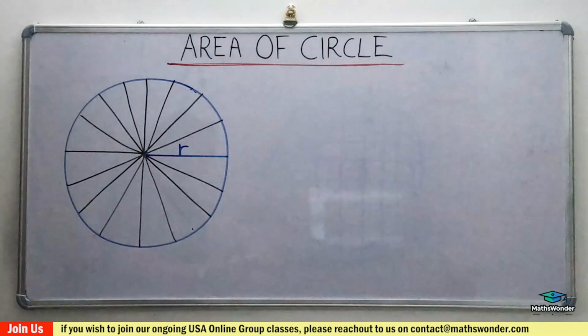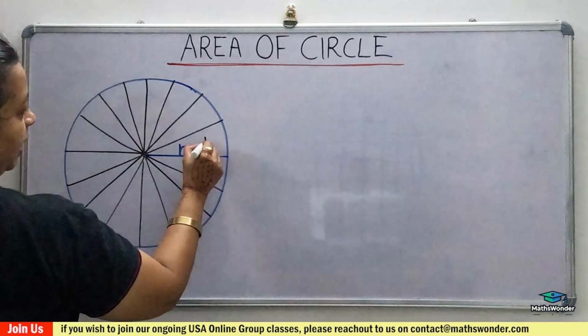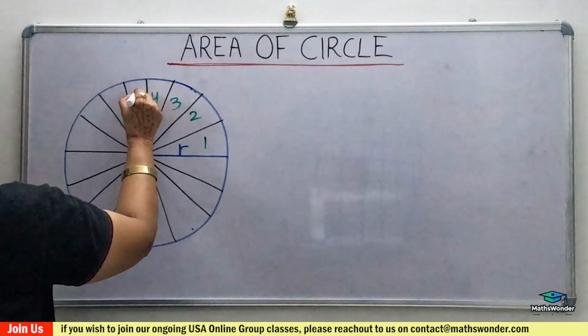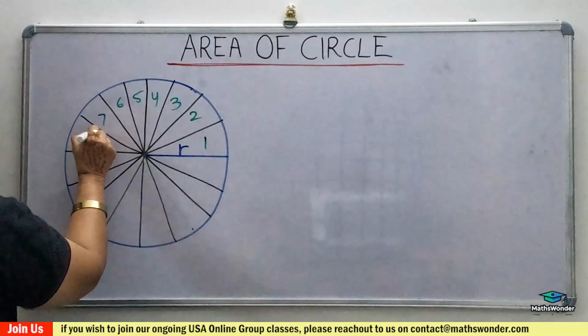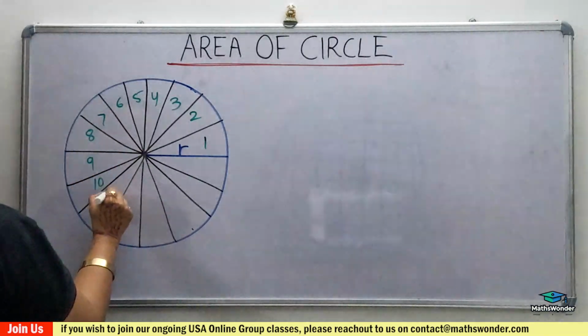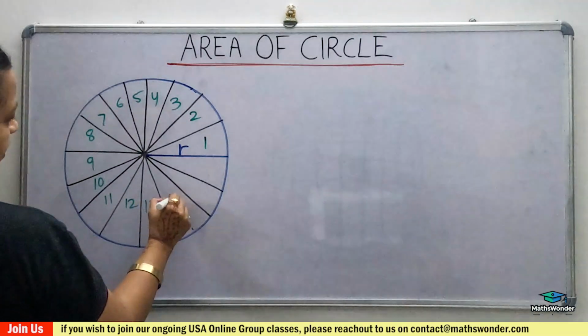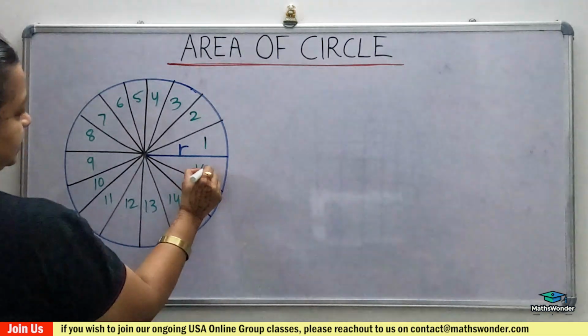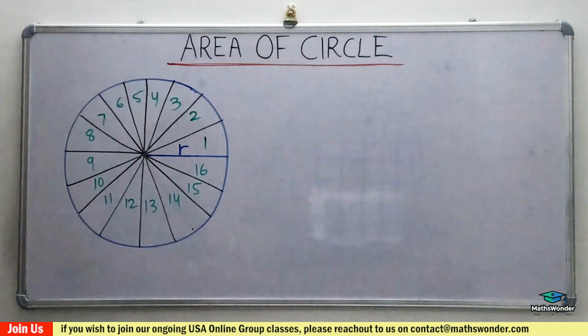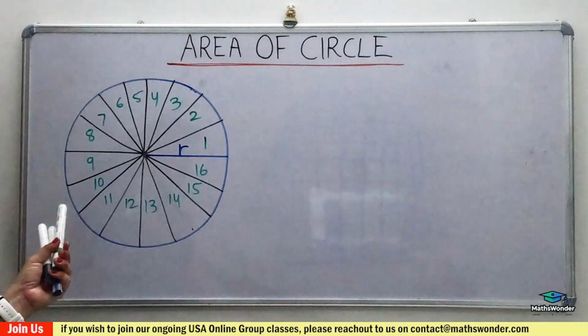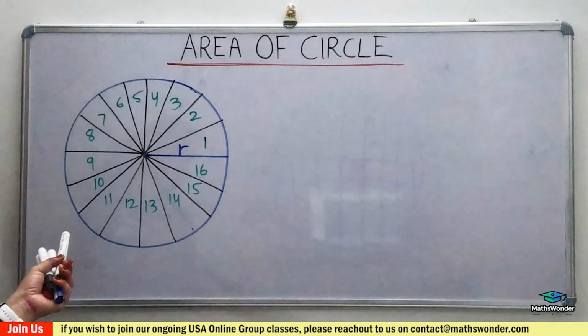Look at the board. Don't write anything. 1, 2, 3, 4, 5, 6, 7, 8, 9, 10, 11, 12, 13, 14, 15 and 16. Now divide into equal parts by drawing straight lines from the center.